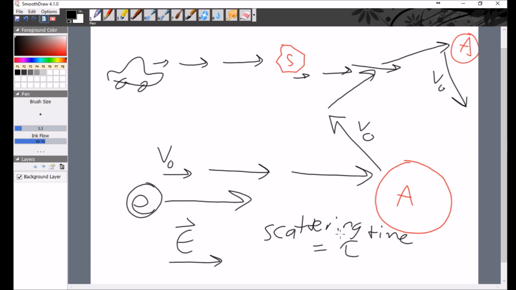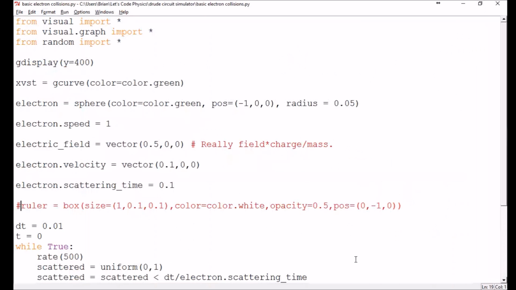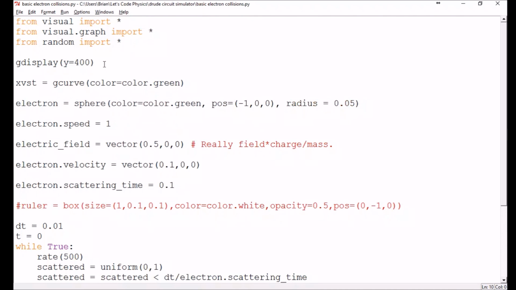What I want us to model today is this behavior of this electron that gets accelerated in a certain direction. There's this consistent electric field pulling it in one consistent direction, but then the electron will randomly run into atoms, with a probability that's scaled based on this tau. So here's the code that I've got worked up. We'll talk about what this graph does in a second. The first thing I've done is I've defined an electron.